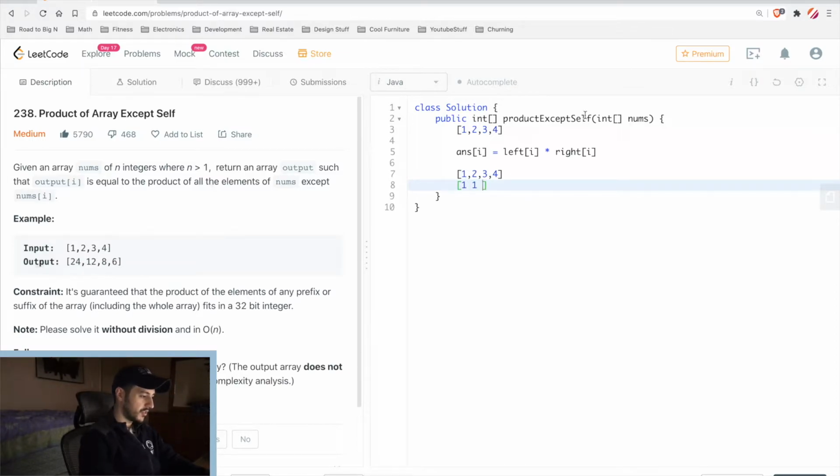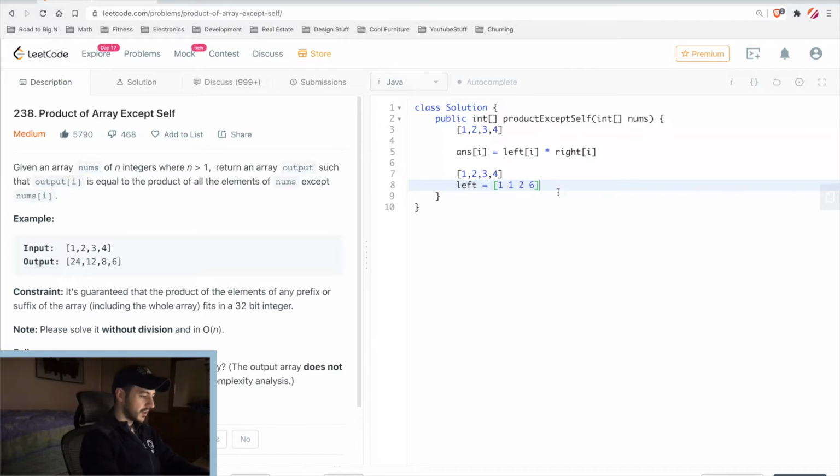And then we just follow that through for the whole array. So 2 times 1, 2, then 3 times 2, 6. And this will be our left side array. And just as we said, we're just calculating the products as we go on, starting from the left side, but not including our index i.